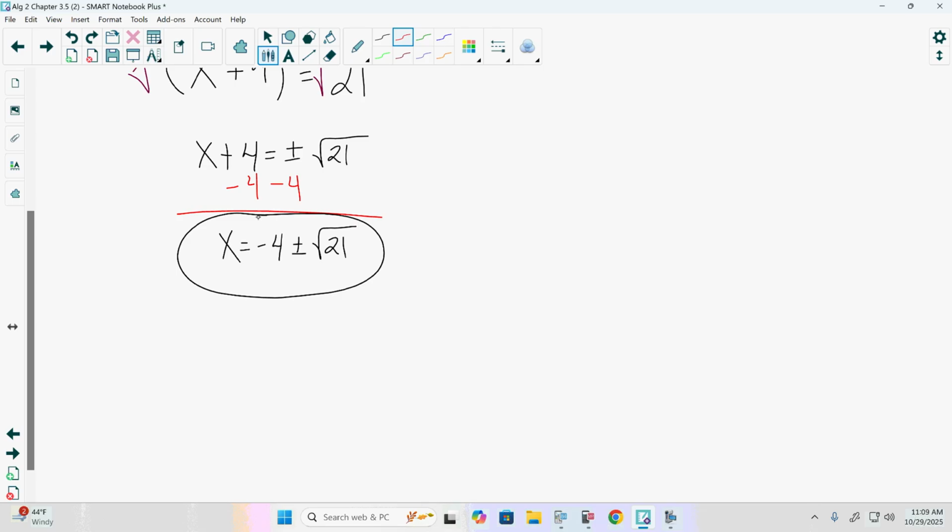We could add them, but for us to be able to add or subtract these, we do have to convert the square root of 21 into a decimal, and it would be approximate because square root of 21 is an irrational number. It has a non-repeating, non-terminating decimal point, so we would just approximate. So really the best answer for this here is negative 4 plus or minus the square root of 21. That is the exact answer. The decimal version is just an approximation.